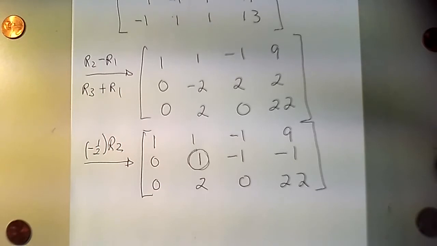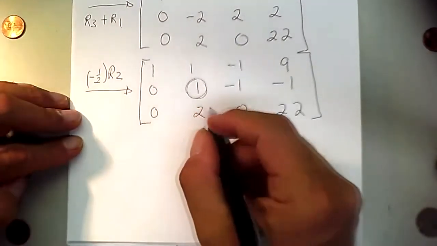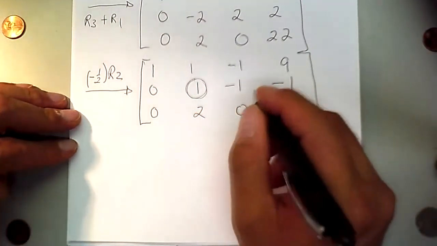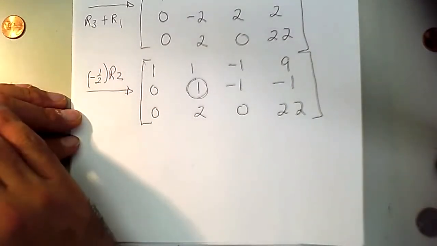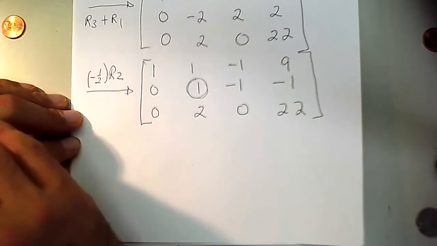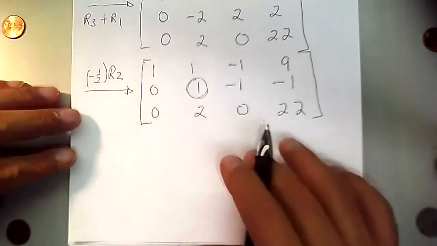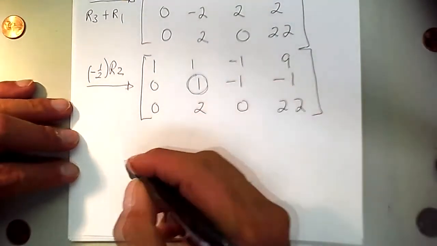Why don't we just do it all at once? So let's just do that. We're gonna skip the REF, the row echelon form, and go directly into the row reduced echelon form of the matrix, because that's just gonna be almost as much work and we might just as well do it.